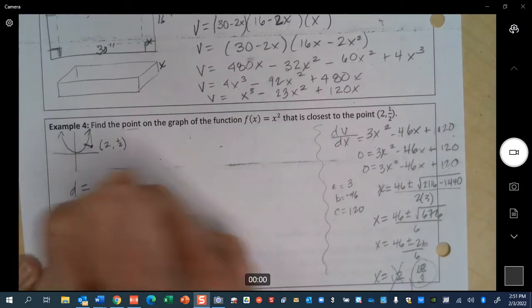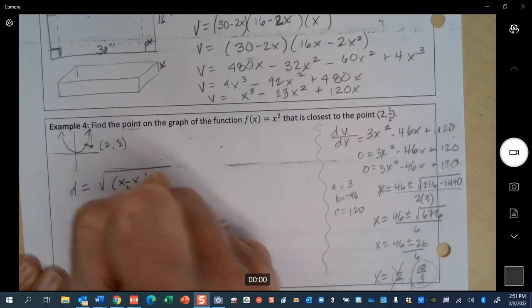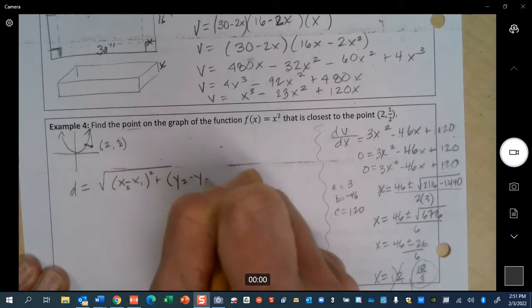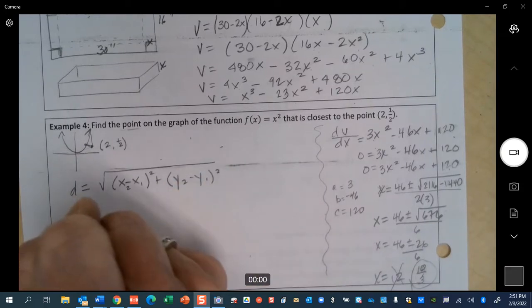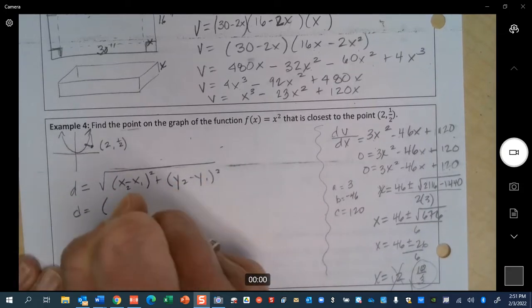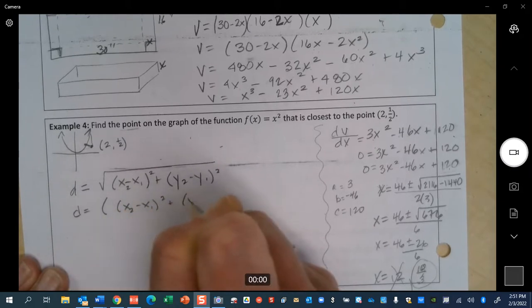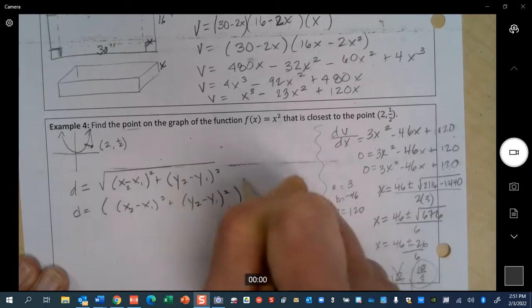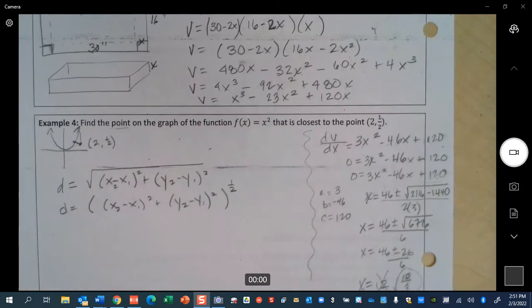Your distance is equal to the square root of the change in your x's squared plus the change in your y's squared. It might be easier to rewrite your radical like that.